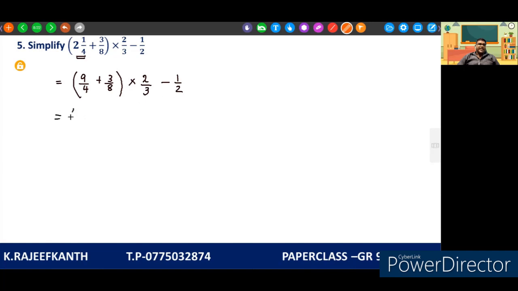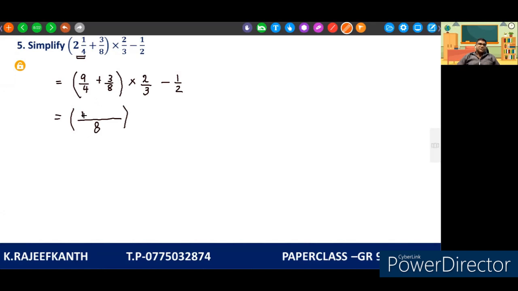Here when we are adding these two fractions, if the denominators are different, then first we have to find the LCM of those two denominators. Here the denominators are 4 and 8. Then the LCM of 4 and 8 is 8. Now in 8 there are two 4s. Then we have to multiply this 9 by 2, because in 8 there are two 4s, right?